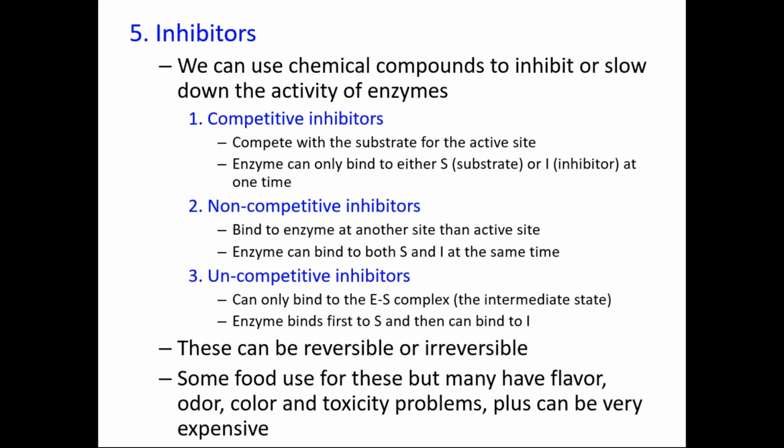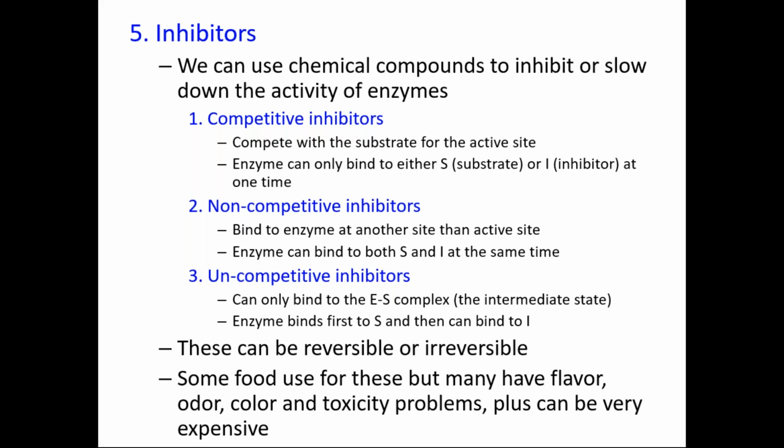They cause a conformational change, and they prevent the enzyme from acting. These three inhibitors, competitive, non-competitive, and uncompetitive inhibitors, are reversible. That is, if you add more substrate, you can reverse this inhibition.